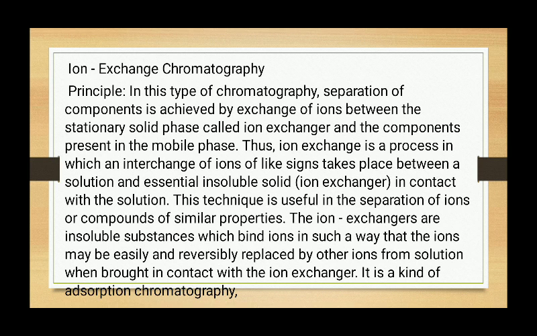Thus, ion exchange is a process in which an interchange of ions of like signs takes place between solution and an essentially insoluble solid, that means ion exchanger, in contact with solution. This technique is useful in the separation of ions or compounds of similar properties.